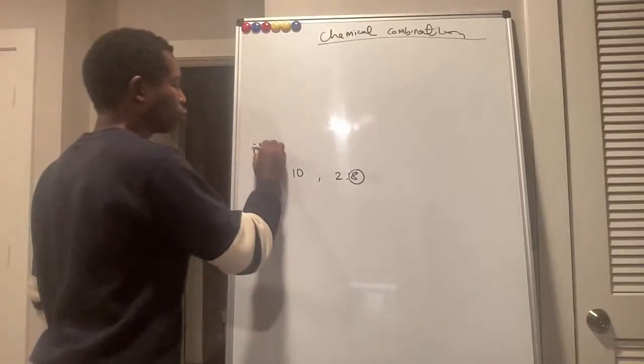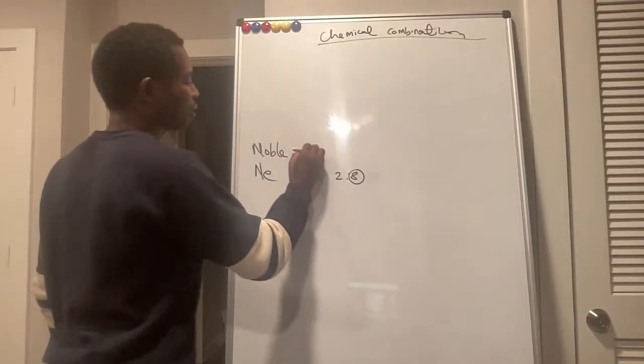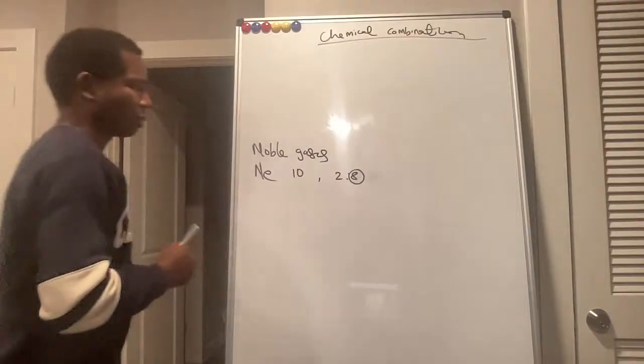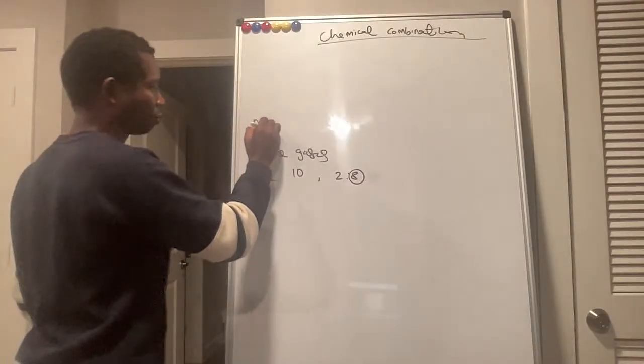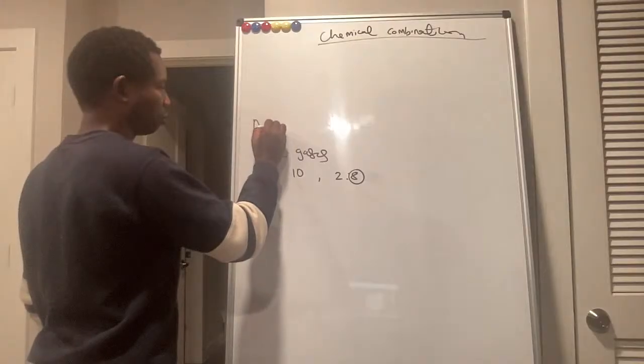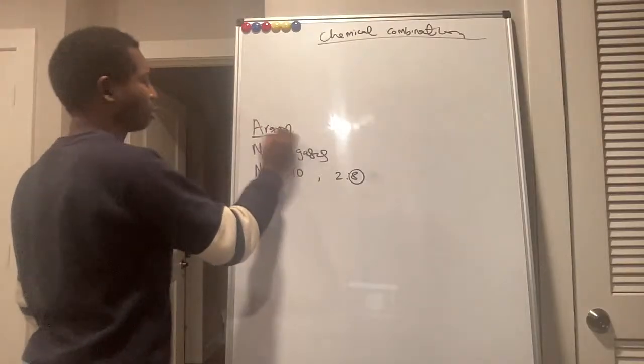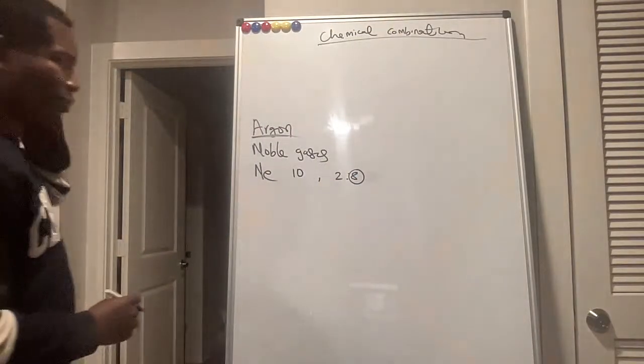Neon is one of the noble what? Noble gases. Argon is another example. So let's proceed.